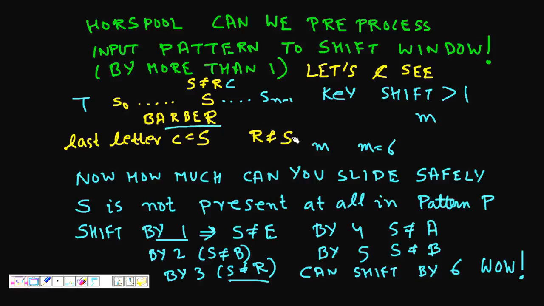So we can make a shift of 6 directly, because this S is not found in the whole pattern, so it will never match, and we just have to shift so that S doesn't come in the alignment anymore. Bingo, that's something great. You're not moving very slowly now. Your window can move fast. Instead of one step, just go directly M steps further.